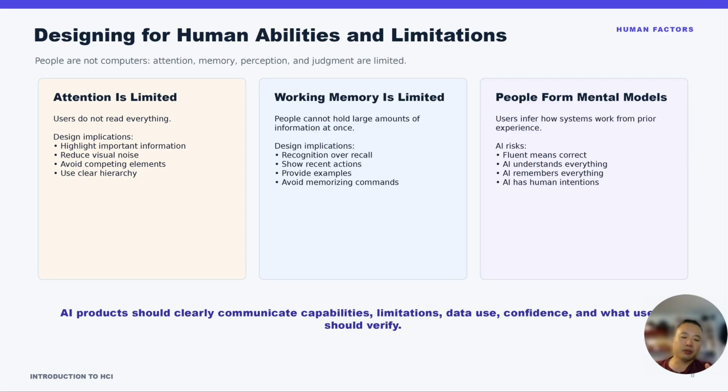Also, if you have different steps to guide the user to complete some tasks, you have to show the recent actions, like the last action you did before, and the action you're going to do next, and provide examples. For example, some AI assistants like Doubao provide examples like how to generate a red packet cover, or how to generate interesting photos, like photo templates.